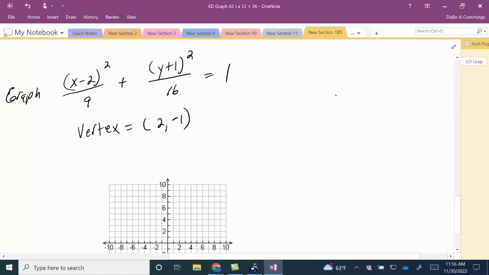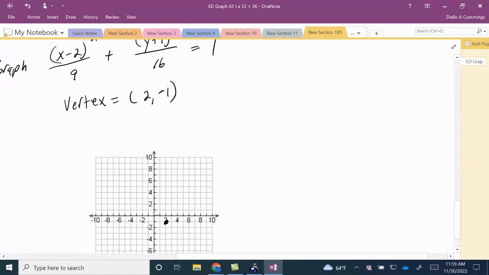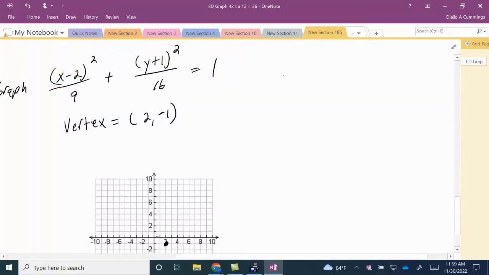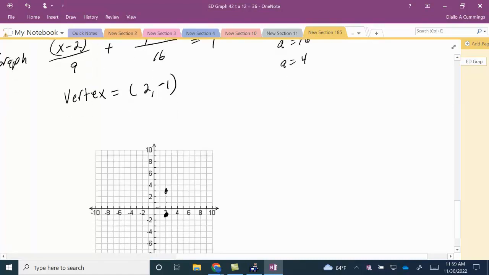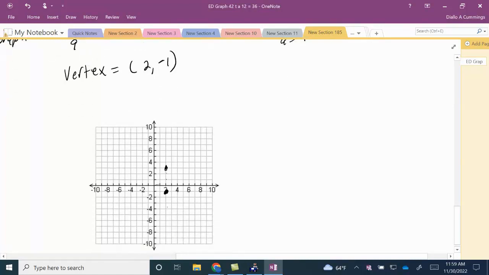Since our major axis is vertical, we have a² equal to 16, so a is equal to 4. From the vertex, I'm going to go up 4: 1, 2, 3, 4. I'm going to go down 4: 1, 2, 3, 4.